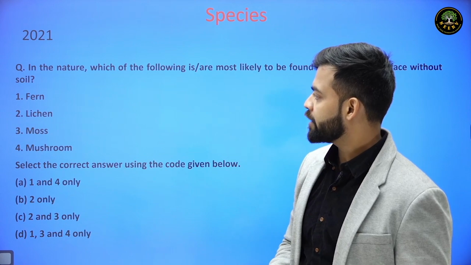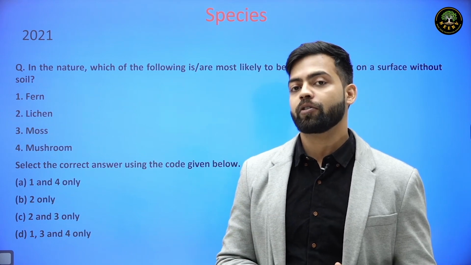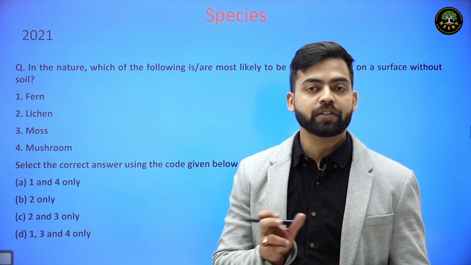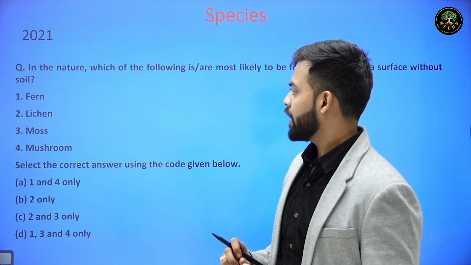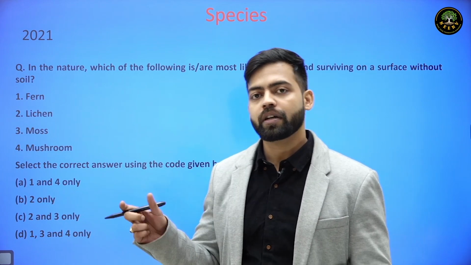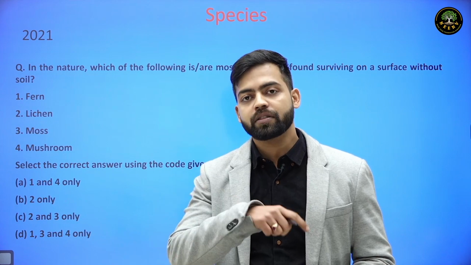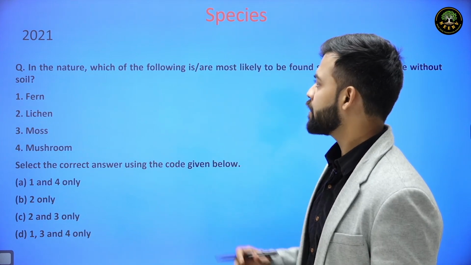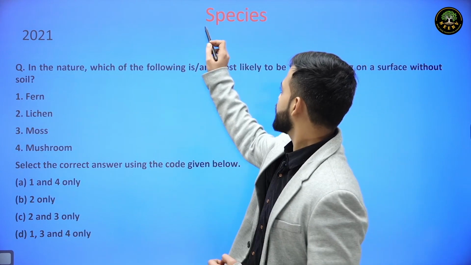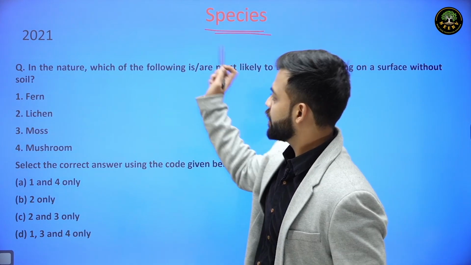Also, question related to lichens and mosses were there because the kingdom differentiation between Cnidaria and fungi was there, and question related to ferns can also be seen as far as the distribution of types of forest is concerned. So this area becomes important, that is species in environment and their classification.